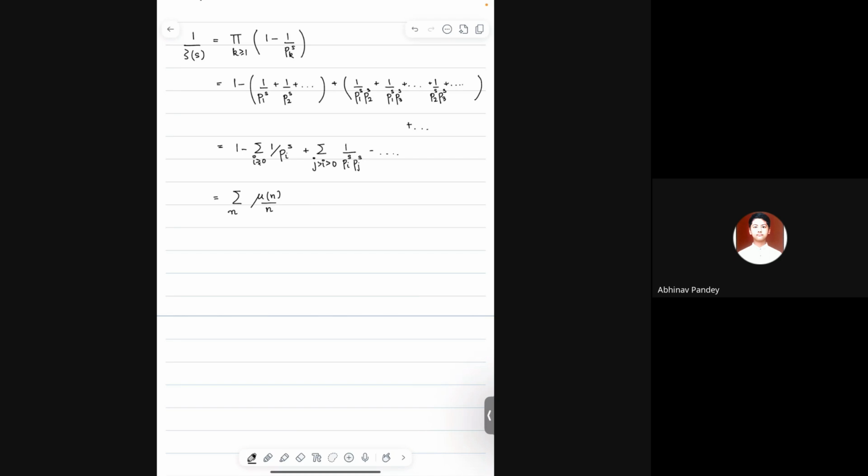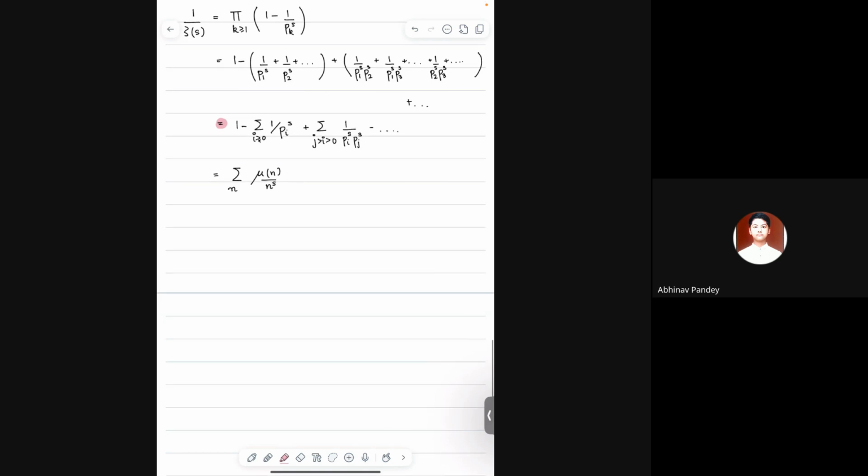Because any n will be showing up as a product of primes as above. This is just prime factorization. So every integer shows up in that sum, and the mu that you have is the number of prime factors, positive or negative to the power of r. So this is precisely the sum of mu of n over n to the power s.